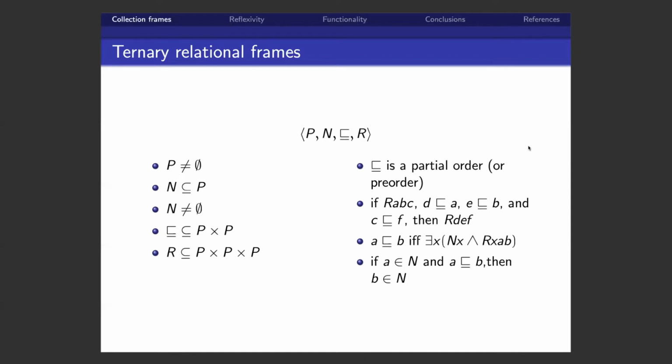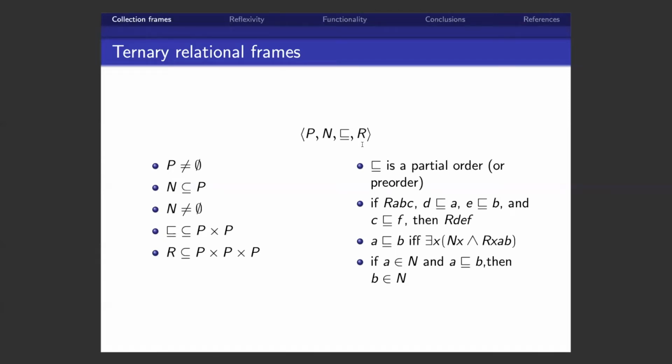So what we have, right, we have a non-empty set of worlds or points P, a non-empty subset of those, the normal points N. We have a heredity ordering on points, and we have a ternary relation. And right, that's what the left-hand column is saying. Then we have a few conditions on those that we need to get things off the ground, right?